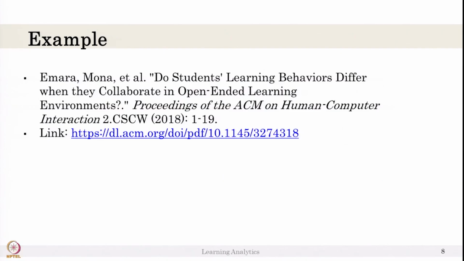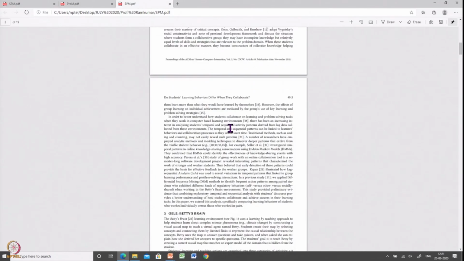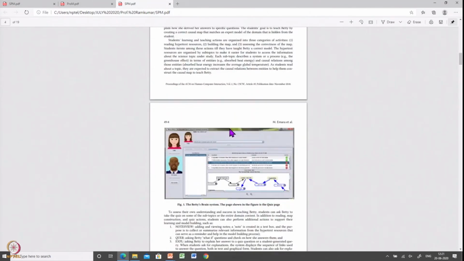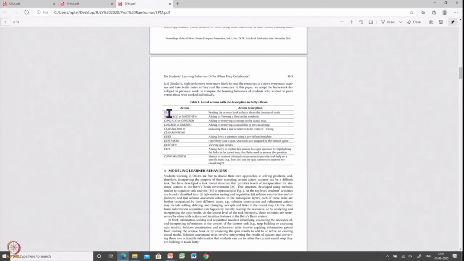Let us look at one example of using pattern mining for analysis, and this is a paper published in CSCW in 2018. In this paper the authors used a system called Betty's Brain. It has a set of actions, like the reading action, where the student can read, and they can add notes or take a look at the notes.